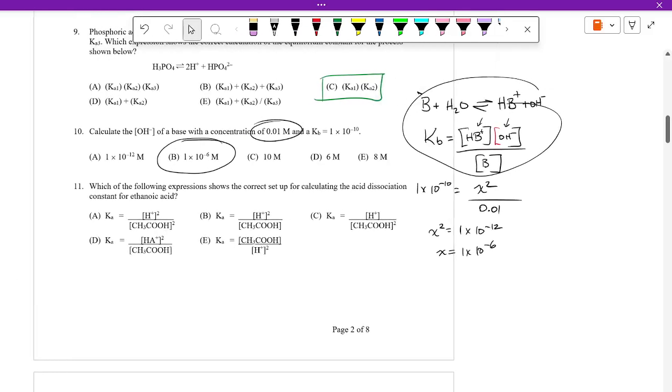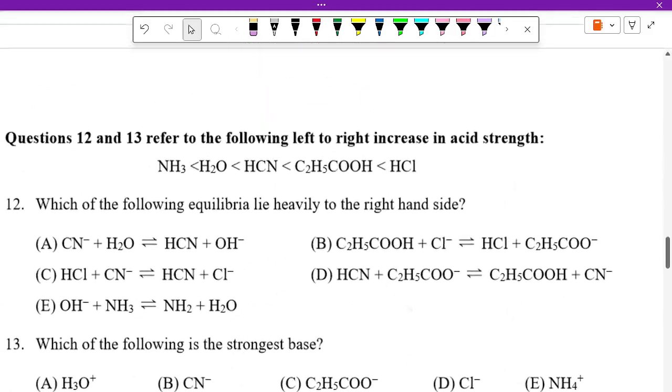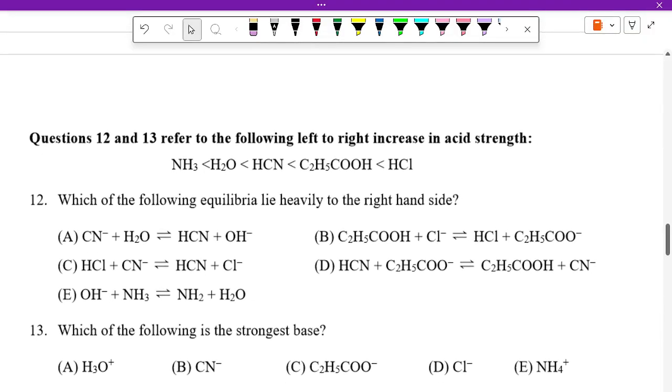Yep, number 12. Which of the following equilibria lie heavily to the right-hand side? So we want to favor the product.